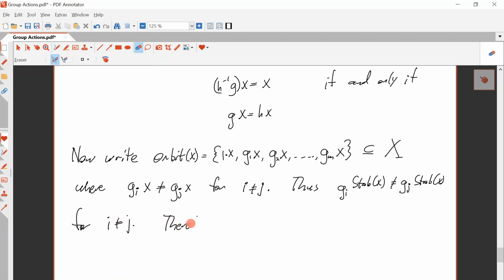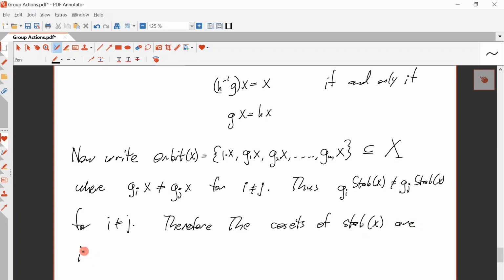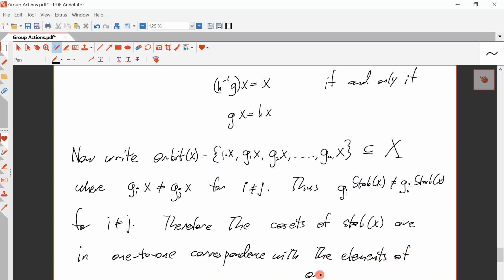Therefore, the cosets of the stabilizer of x are in one-to-one correspondence with the elements of the orbit of x.